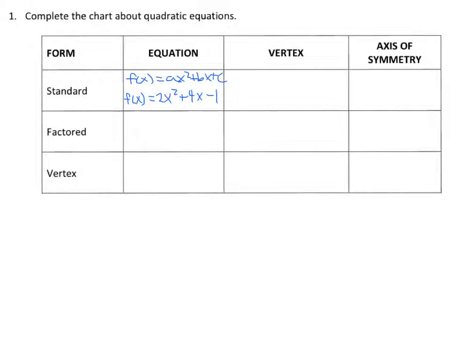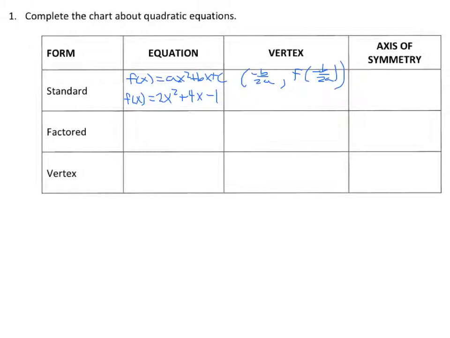The vertex of the quadratic function can be found either using a calculator, finding a maximum or minimum point in any form, but to do it algebraically, you would do x equals negative b over 2a, and then the y value of the vertex is what you get when you plug that x value in. So f of negative b over 2a.